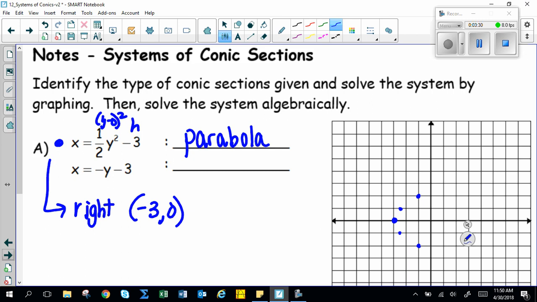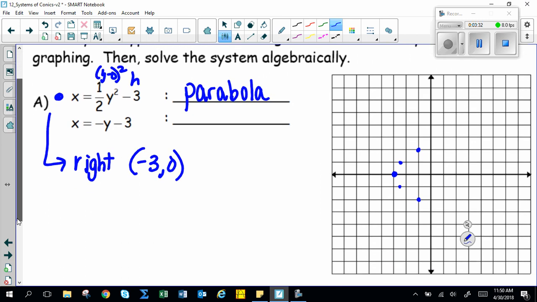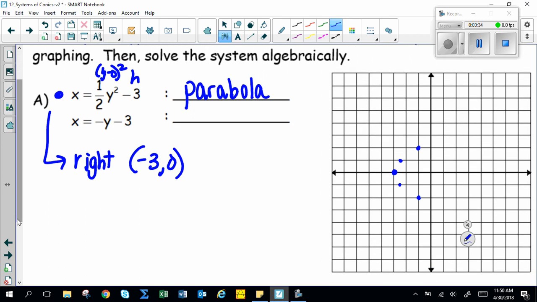What if I did over 4? 4 squared is 16, and half of 16 is 8. So I'm going to go to the right 4 and up 8. There we go. There's my sideways parabola.